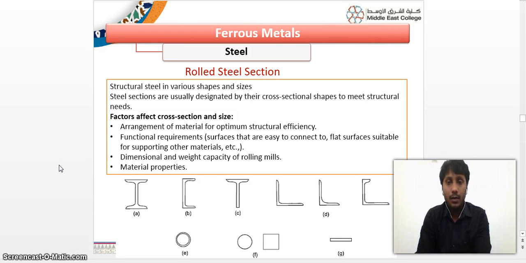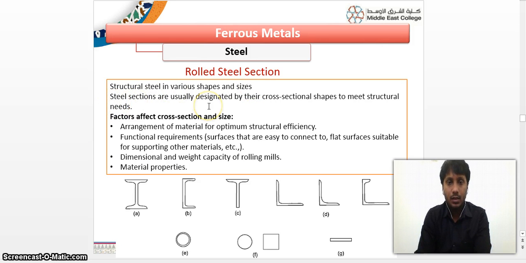Now coming to rolled steel sections. When dealing with steel structures, you are going to hear words like I channel, C channel, T channel and L channel. These are the different types of channels we are going to use. Structural steel comes in various shapes and sizes.